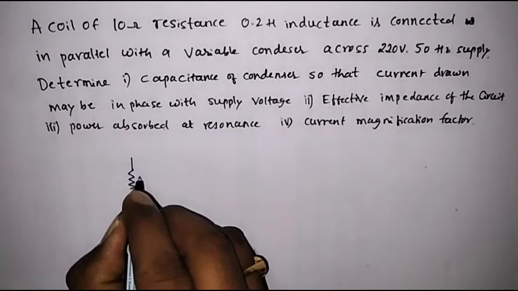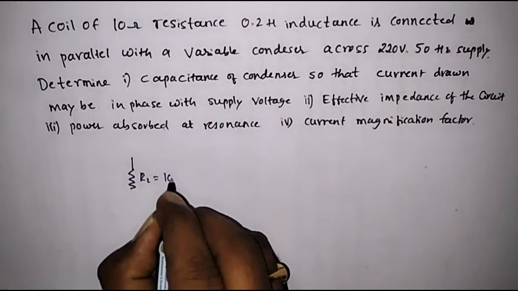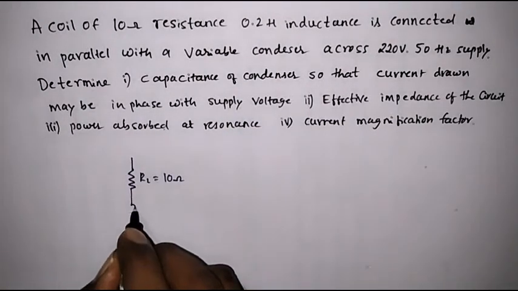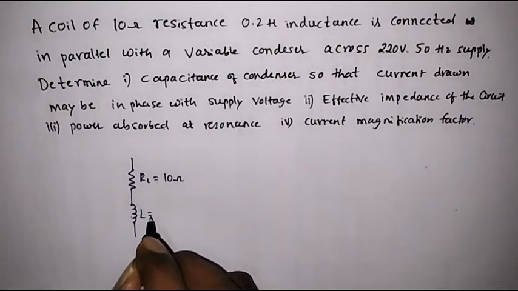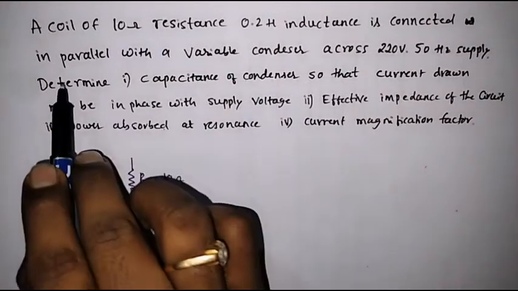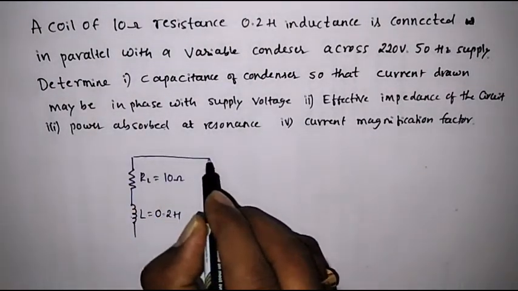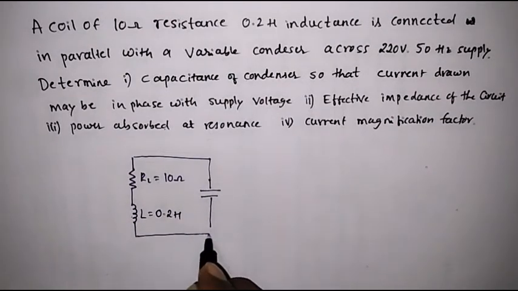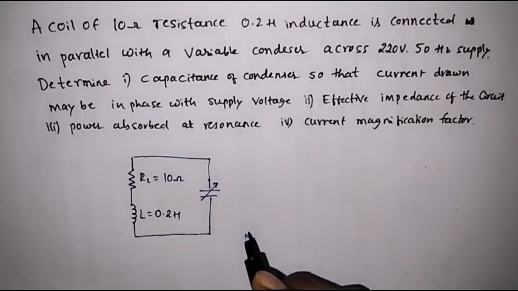So this is a resistor value RL, which is equal to 10 ohm, and it is in series with an inductance L, which is equal to 0.2 Henry, connected in parallel with a variable condenser, that is nothing but a capacitor. It's a variable capacitor, so I will show the arrow mark.